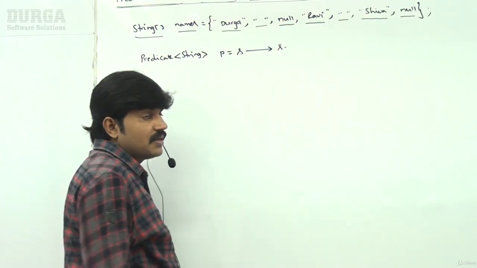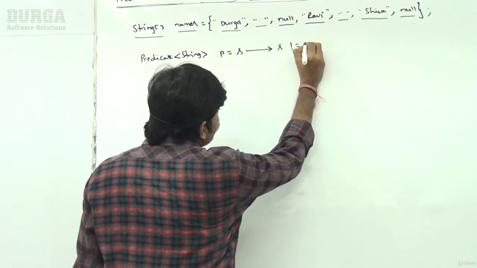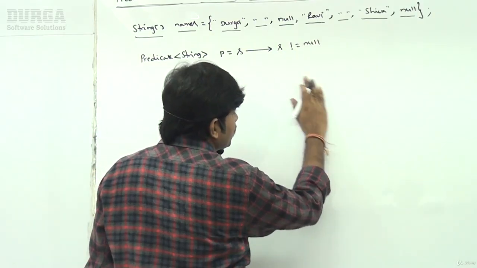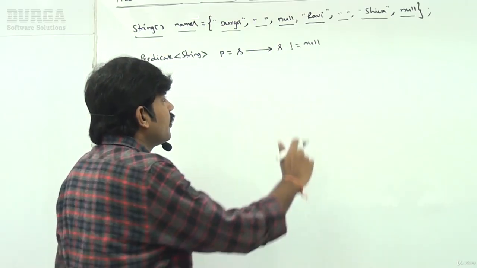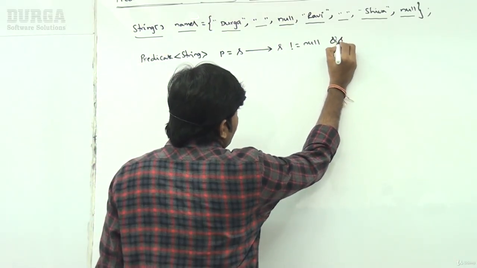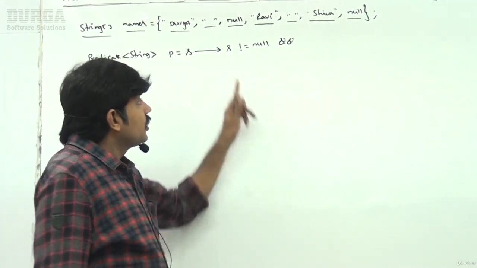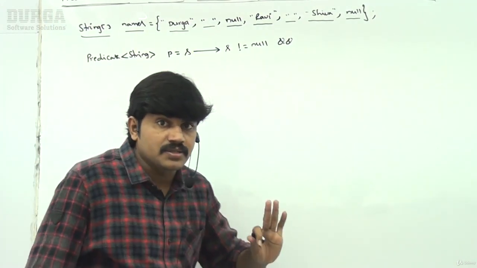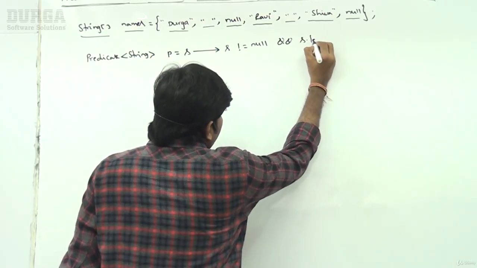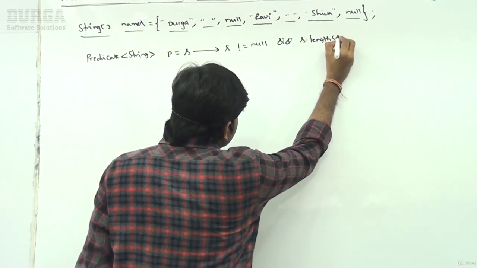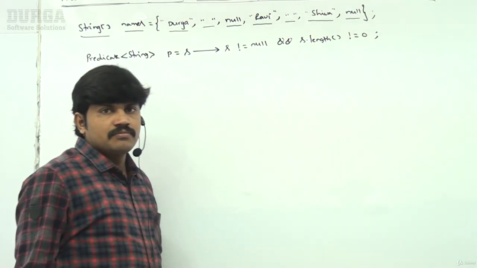Yes, it should not be null. This is the first condition, so it should not be null. If it is not null, its length should not be 0, because it is not null and it is not an empty string. Remember, now s dot length should not be equal to 0. Yeah, beautiful.